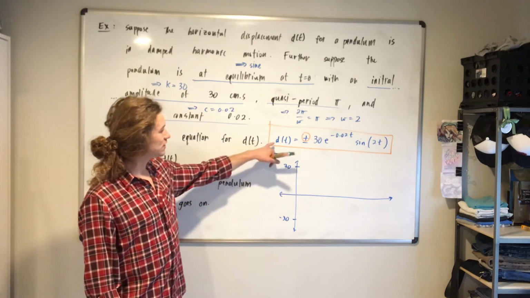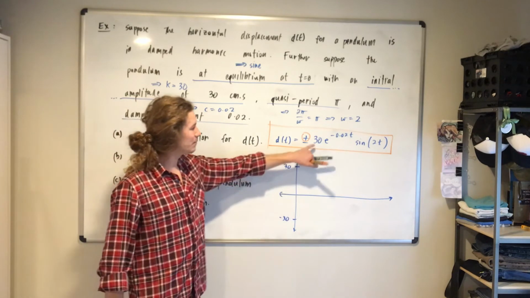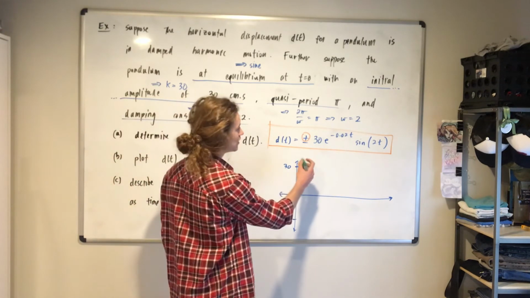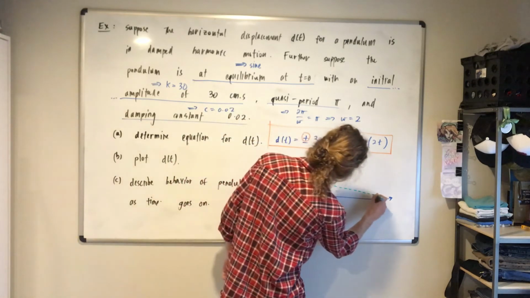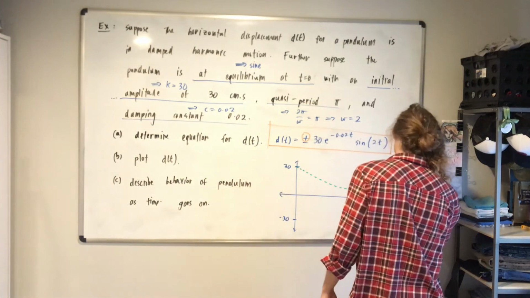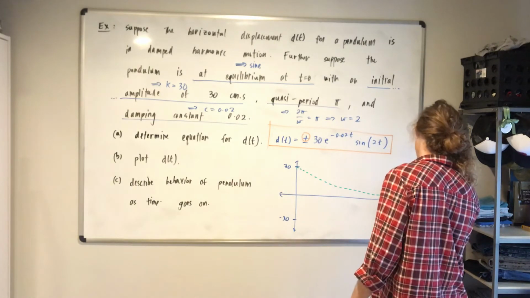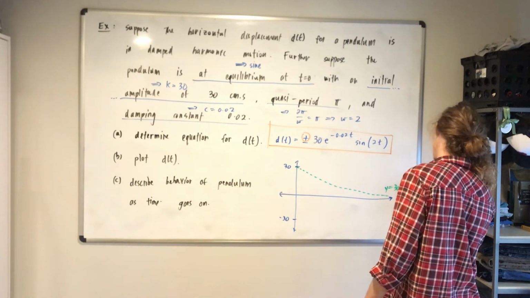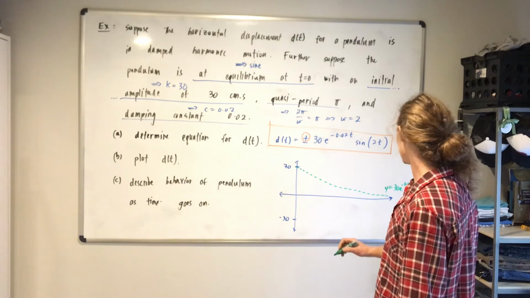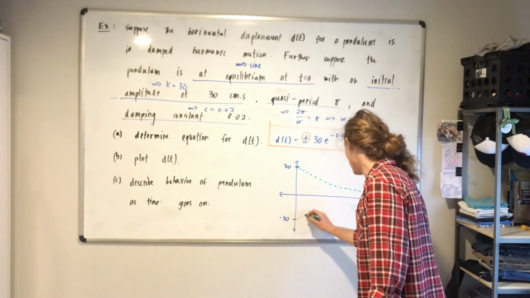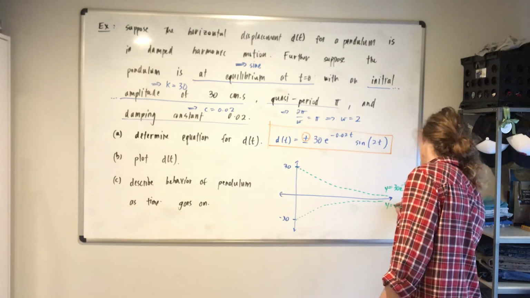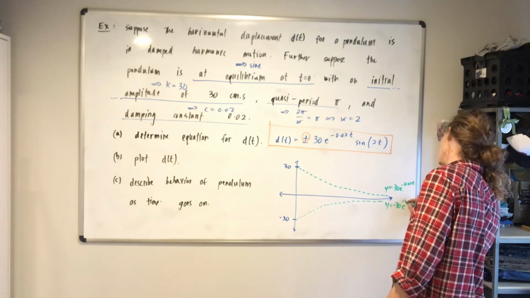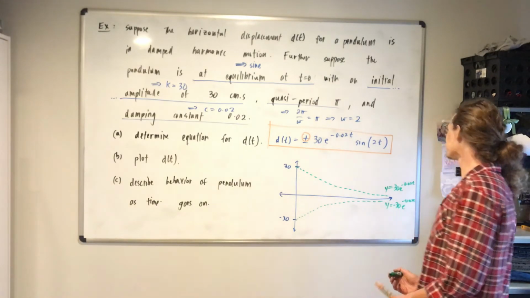And so this function d of t should be bounded above by positive 30e to the negative 0.02t. Maybe that graph looks something like this. So let's plot that y equals 30e to the negative 0.02t. And then let's also look at the bound below. And that bound below would be y equals negative 30e to the negative 0.02t.